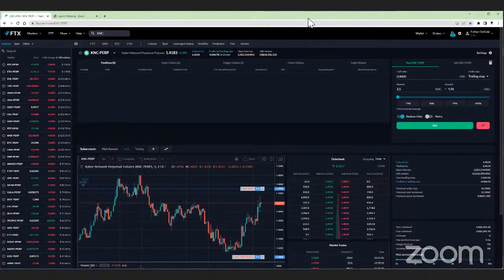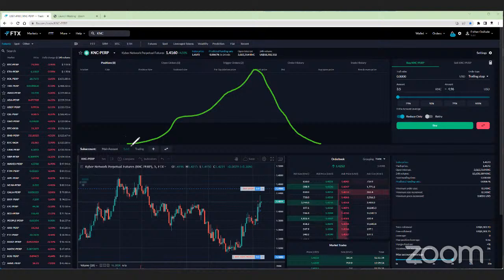Now, there are two things you need to take note of. Let me put up a pretend chart to make it look easier. I was going to put it on the board. Let's just say this is the entry. This is the chart. It's going up and then coming down.